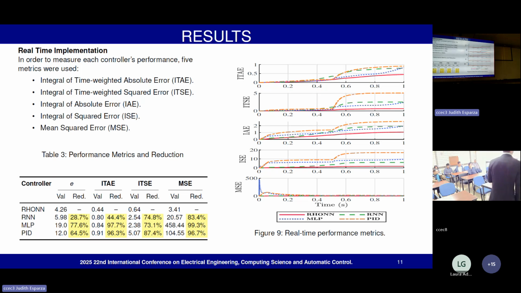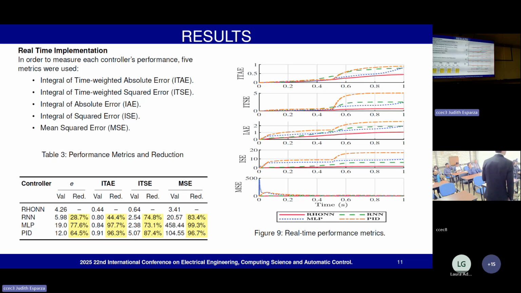Table number 3 shows the value of all those metrics after 1 second of real-time implementation. The values that are highlighted on the table show how much our approach, the recurrent high-order neural network, was able to reduce compared to the other controllers.